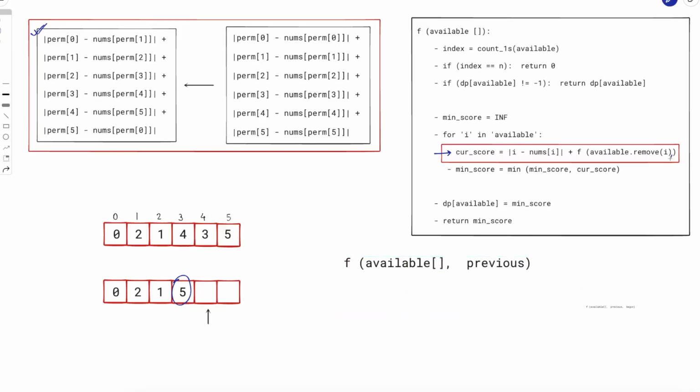You can simply pass in i from here, because i is the last element that you have filled. So in the next state, i will be the previous element of the next state. So you can simply maintain one previous element, and once you have done this, this expression is something which you can compute easily. This expression would simply be previous element minus nums of i, or rather nums of previous element minus nums of i.